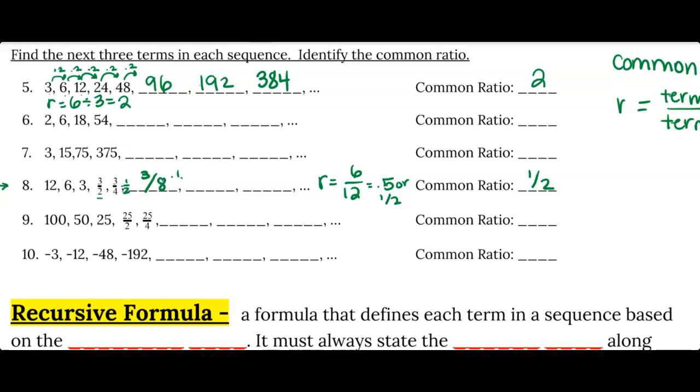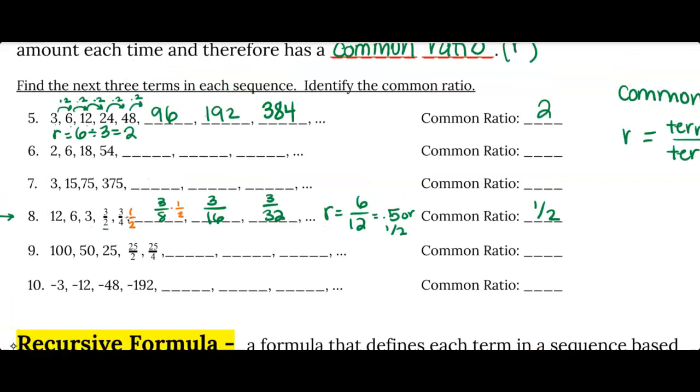So then when I multiply by 1/2 again, 3 times 1 is 3, and 8 times 2 is 16. And then multiplying by 1/2 again, 3 times 1 is 3, 16 times 2 is 32. So the fractions aren't quite as scary if you think about them as you're just going to then start multiplying your denominators by 2. The numerators will stay the same.